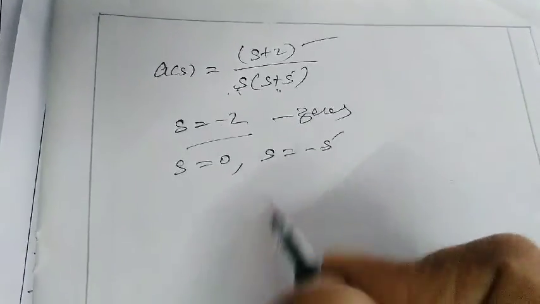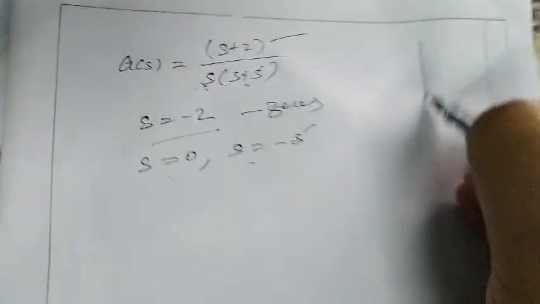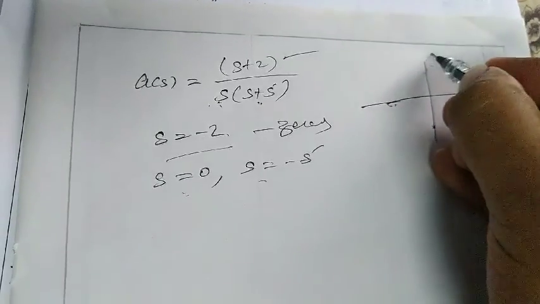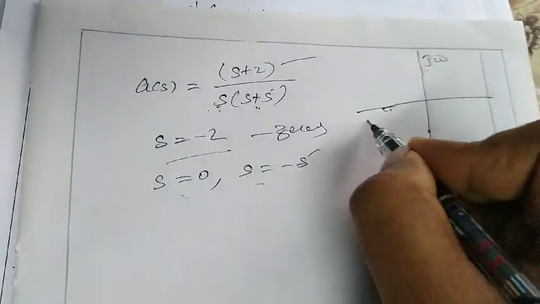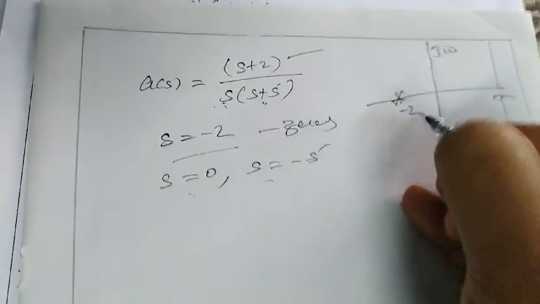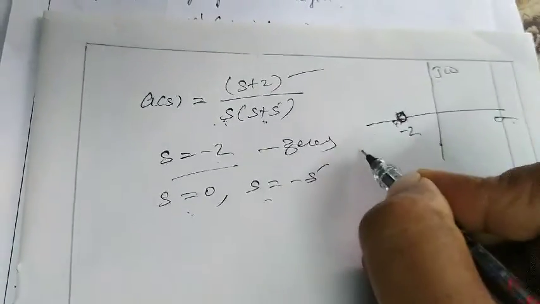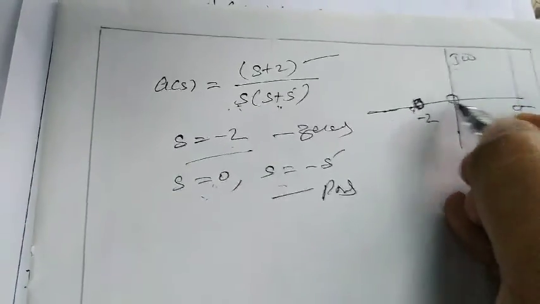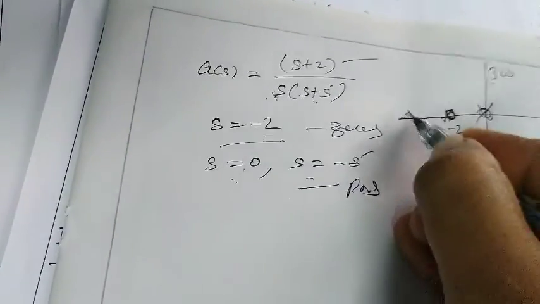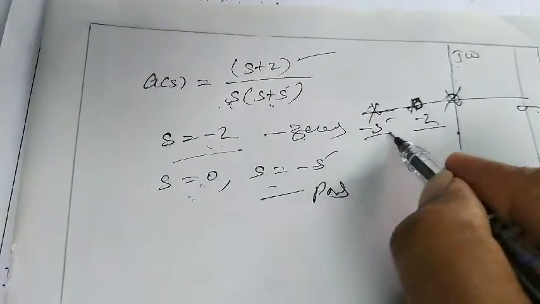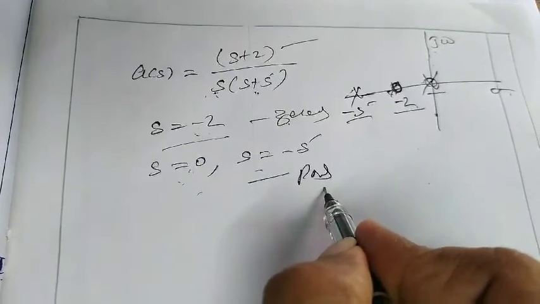If I plot these on the s plane, this is the j omega axis, the imaginary axis, and this is the real axis. I get a zero at minus 2, and one pole at the origin and one pole at minus 5.